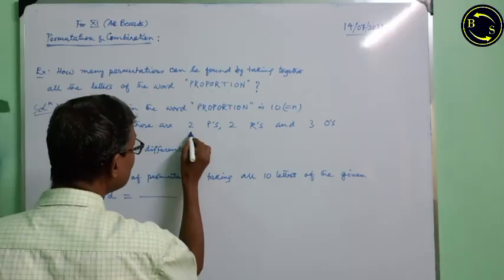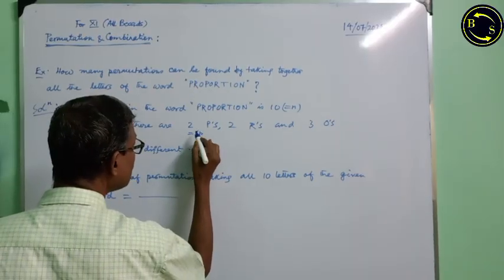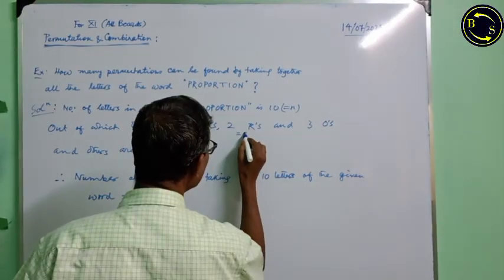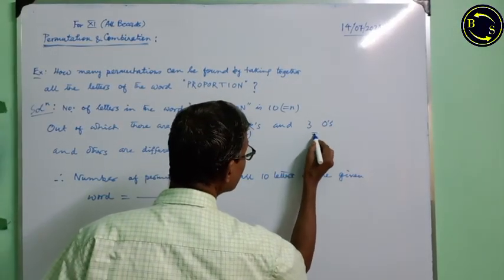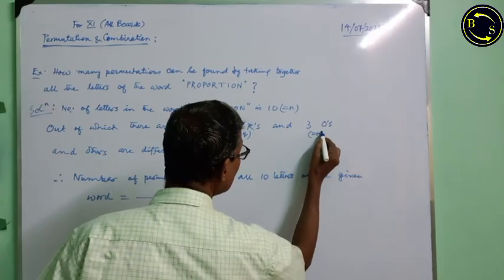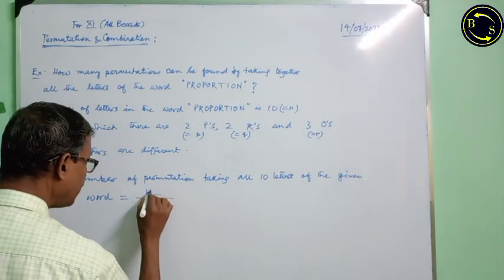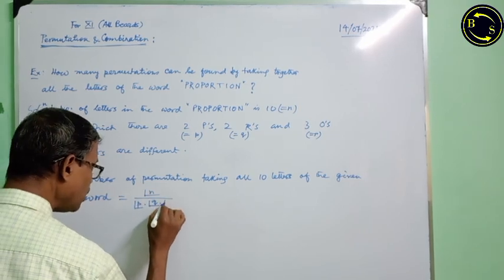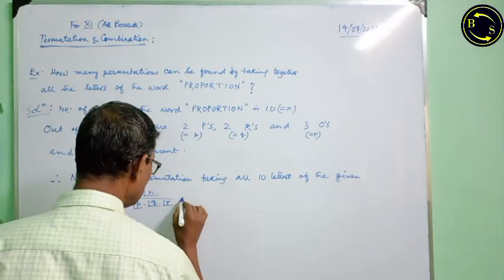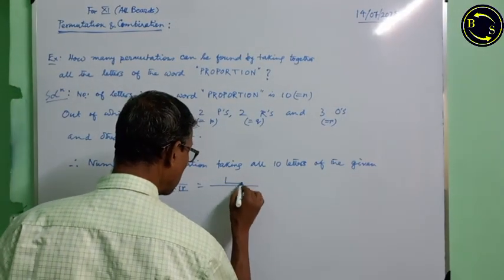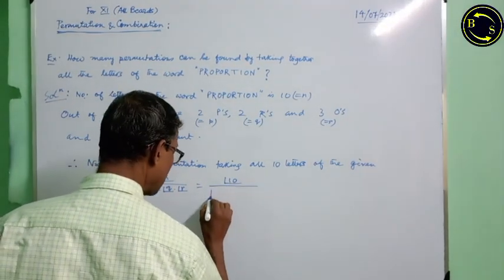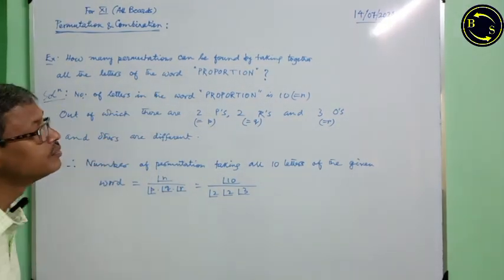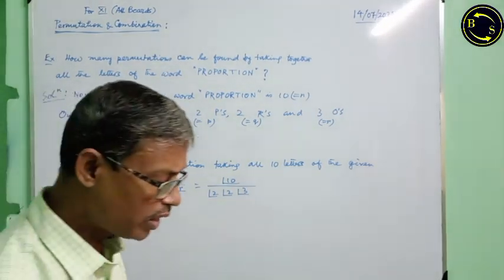this is n, this is p, this is q, and this is r. Factorial n by factorial p into factorial q into factorial r, that is equal to factorial 10 by factorial 2 into factorial 2 into factorial 3. Now you calculate this.